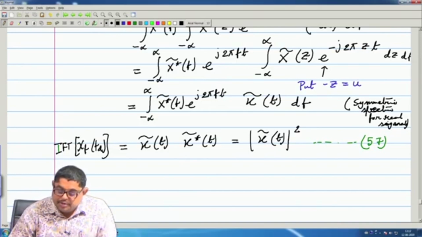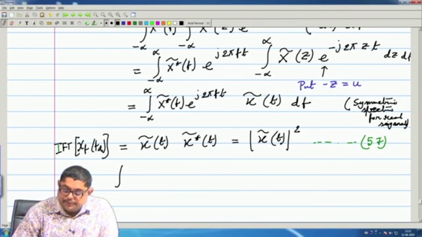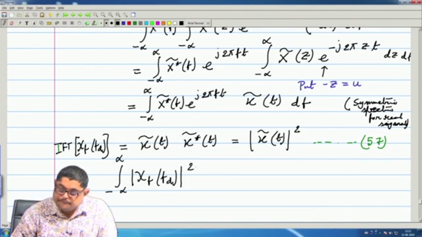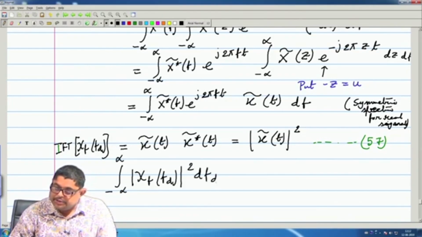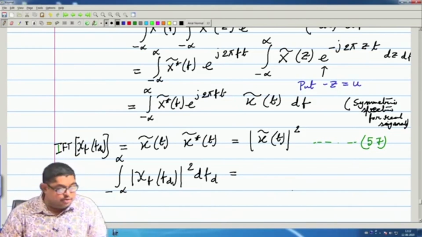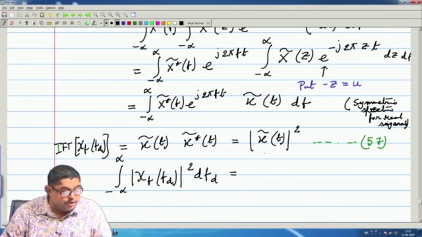So now coming back to our earlier quantity, what is minus infinity to infinity, because this is in our Doppler resolution constant numerator.